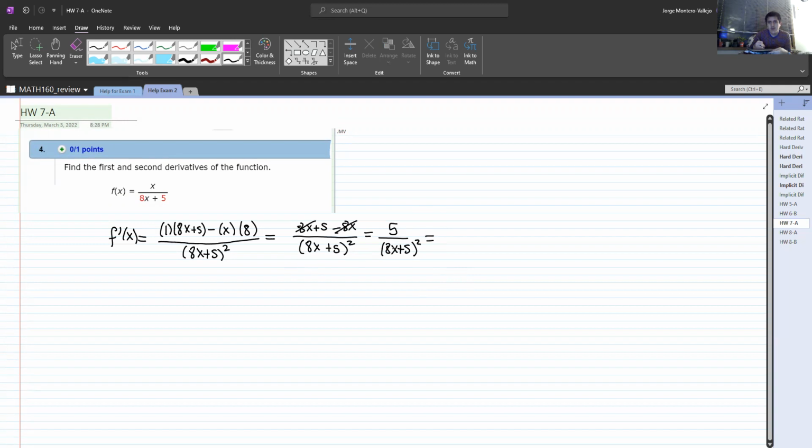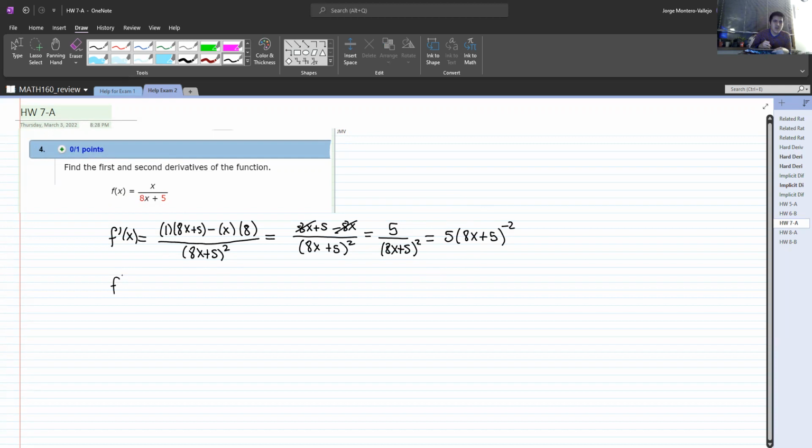You want to rewrite this as a power. Well, you can do that whenever you have a quotient and the numerator is just a number, okay? Like that's when it's convenient. So 5 over here is just 5, and then you write 8x plus 5 with negative power, right? This is going to be easier to differentiate.